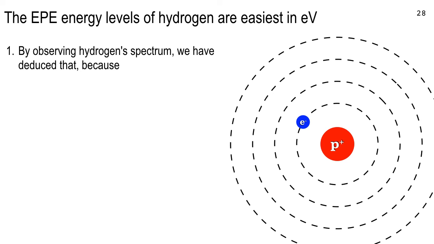Okay, now hydrogen. If you've ever seen a neon light at a store, where it says open or something like that, it's a vacuum tube that's filled with a little bit of neon.